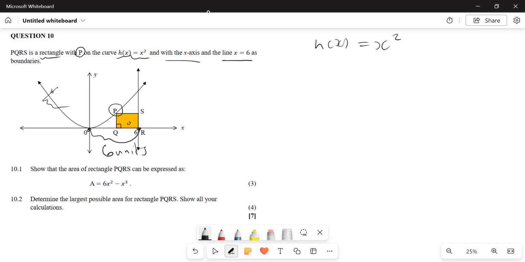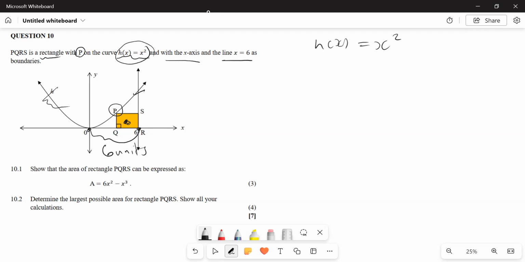With regard to this question, the rectangle doesn't have enough information, but the curve has at least the equation, which is h of x equals x squared. Let's use that information.